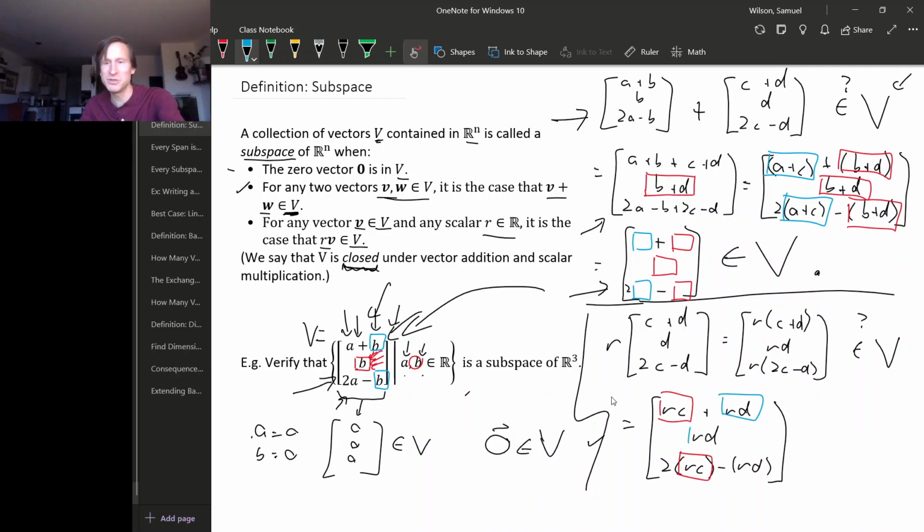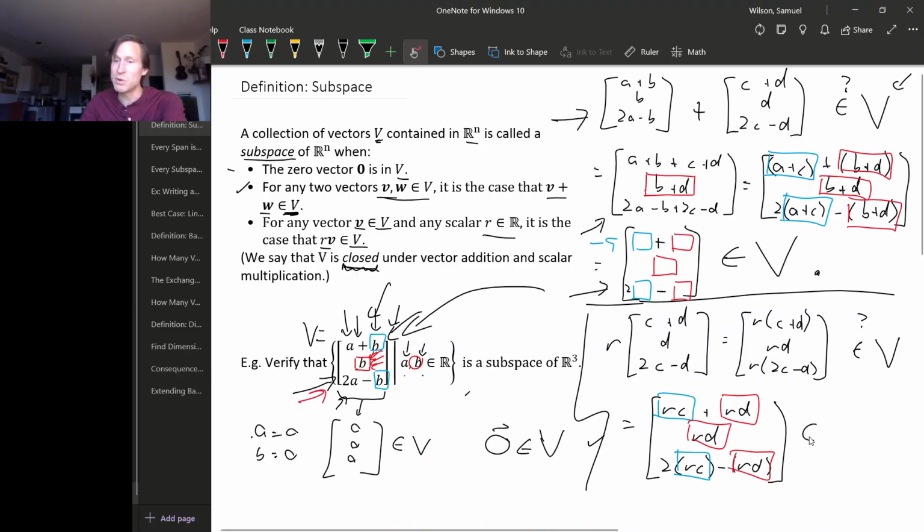Oh, I've got my reds and blues backwards. I'd better keep them straight. We've got rc is now playing the role of the blue box, and rd is now playing the role of the red box. Right? You see it follows this pattern. So that means that this scalar product is indeed in V, and that means V is closed under scalar multiplication.